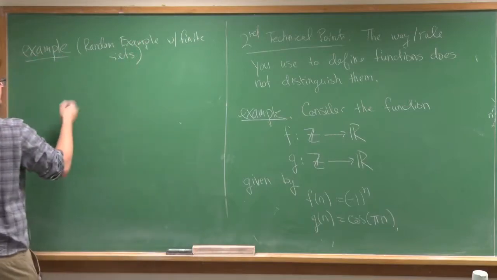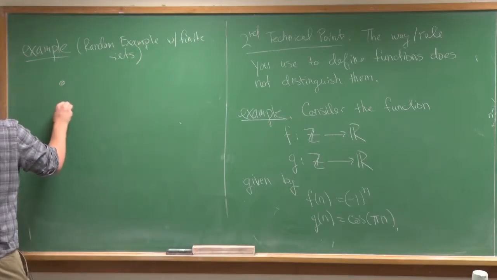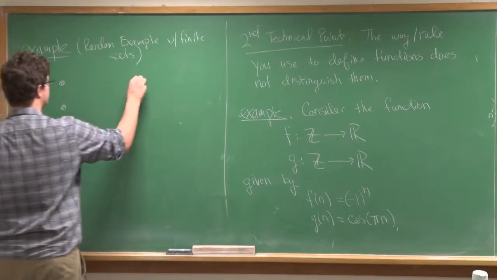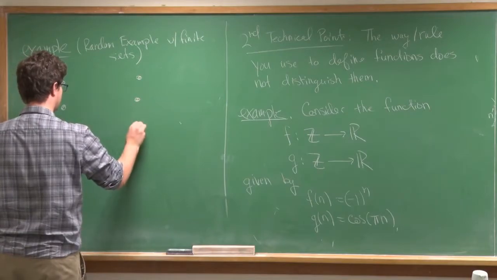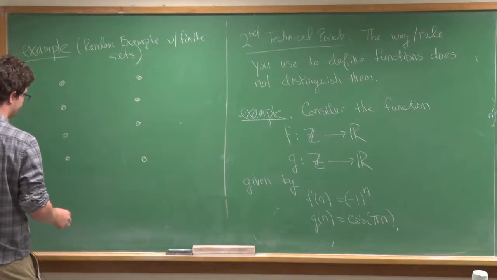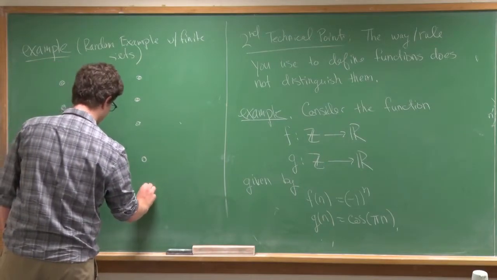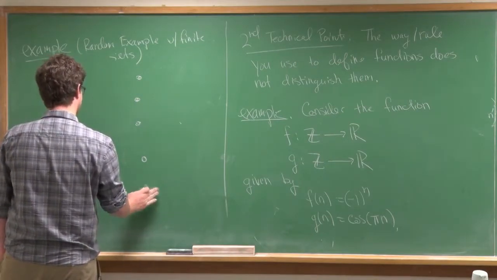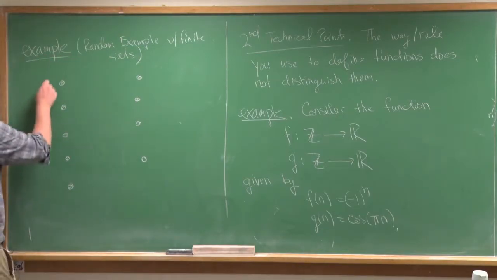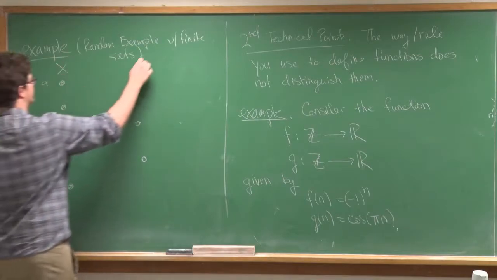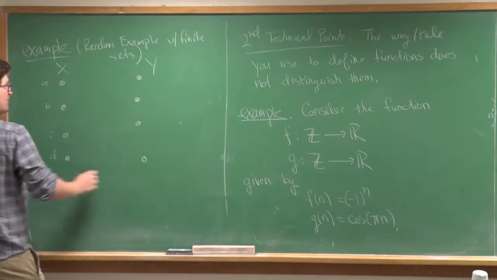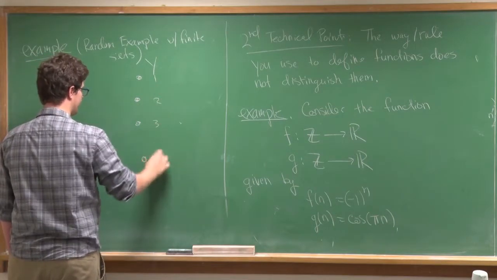I'm going to draw a function. I'll take 5 points here and 4 points here. This will be the set X, and this will be the set Y. Let's call these A, B, C, D, and E, and we'll call these 1, 2, 3, 4.